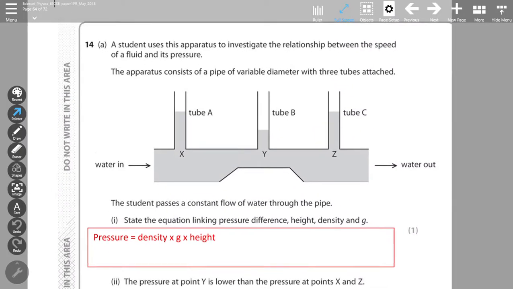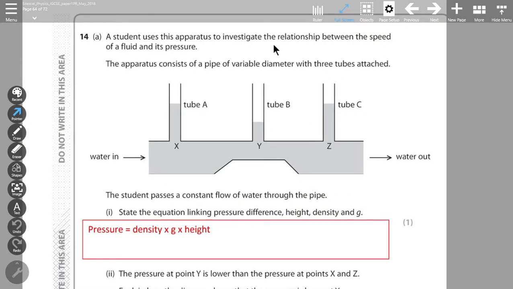Question 14. A student uses apparatus to investigate the relationship between the speed of a fluid and its pressure. The apparatus consists of a pipe of variable diameter with 3 tubes attached. What we see: the water flows, and here the level of water lowers. The student passes a constant flow of water through the pipe.